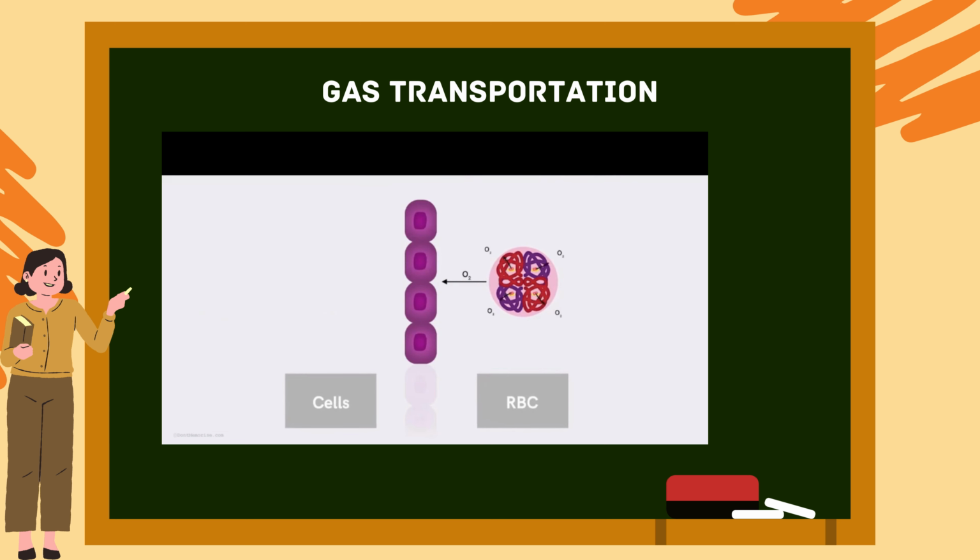This is then taken to the cells where the oxygen dissociates due to the partial pressure being higher in the RBC compared to that in the cells. The cells on the other hand have a higher partial pressure of carbon dioxide. Now imagine a scenario where the partial pressure of oxygen is lower in cells and higher in the RBC, and at the same time the partial pressure of carbon dioxide is high in the cells and extremely low in the RBCs.